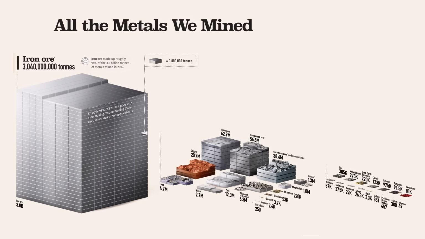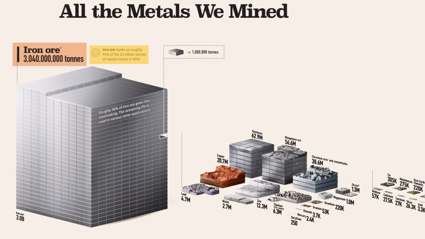And this is one of the most mined materials in human history. According to the British Geological Survey, around 3 billion tons of iron ore were mined in 2019 alone, which was 94% of all metals mined that year. And 98% of iron ore goes into steel making.